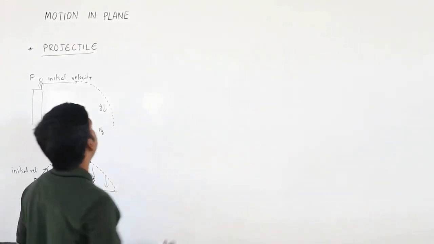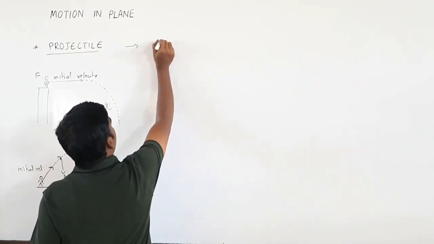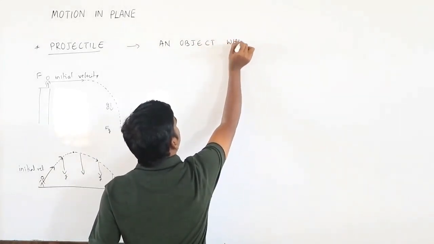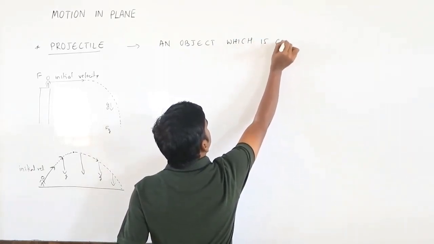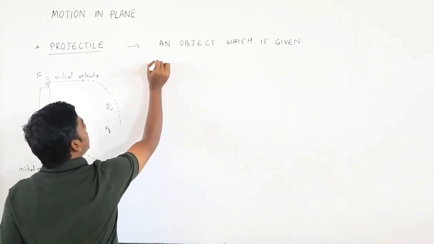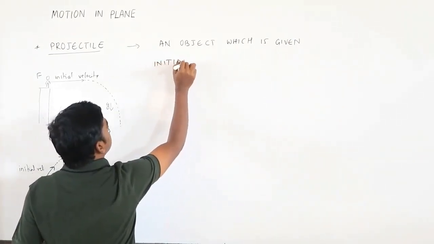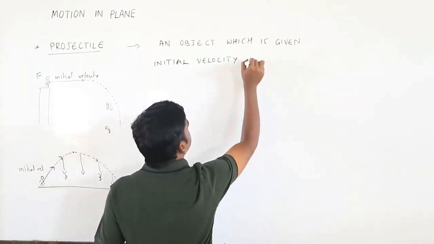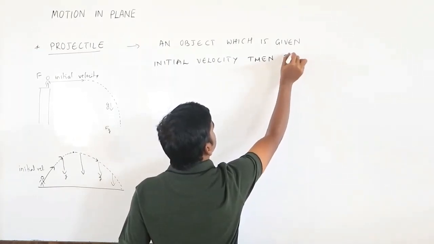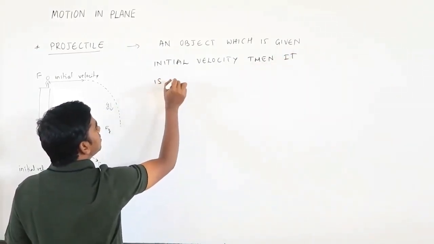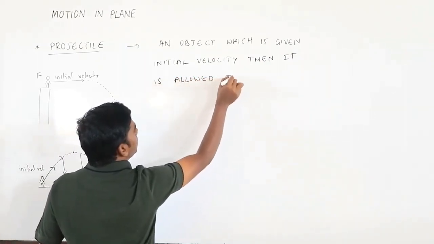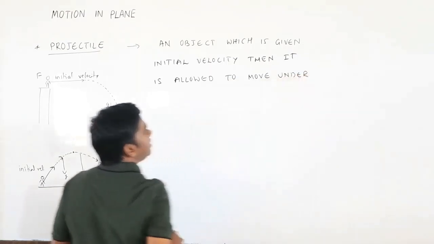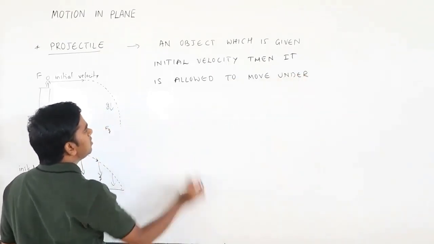So how can we define the projectile? You can define a projectile as an object which is given initial velocity, then it is allowed to move under acceleration due to gravity, or allowed to move under the gravity.